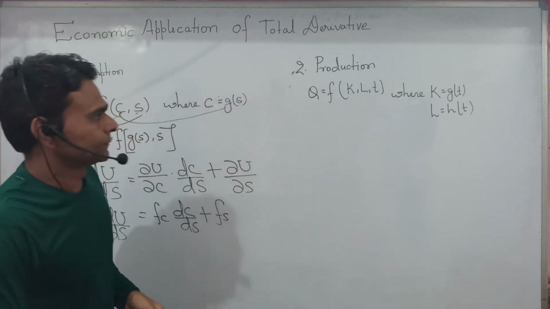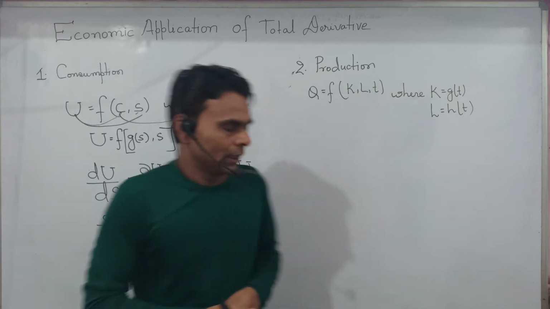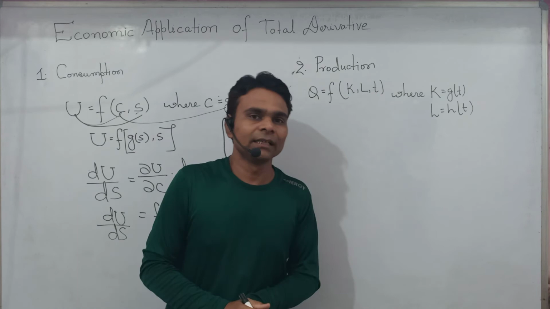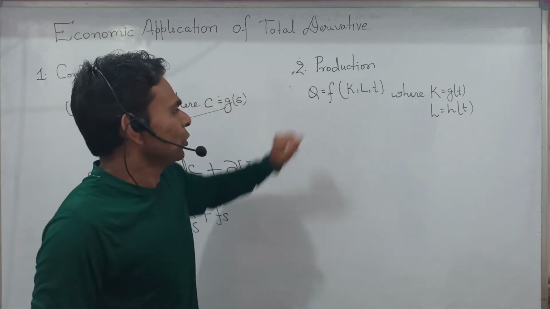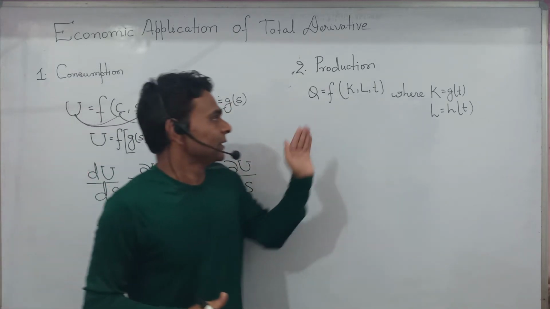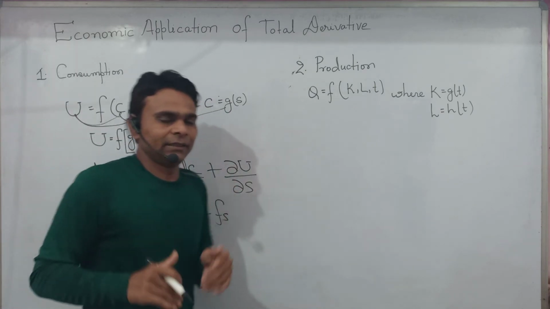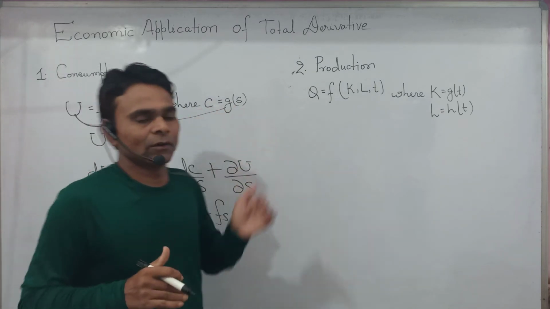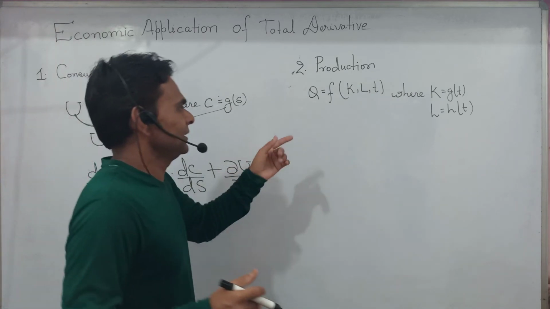Suppose that over that time, what kind of changes can we observe in the total production function? With the improvement in labor and capital, we need to apply total derivative. This is the economic application of total derivative in the theory of producer behavior, that is, production.